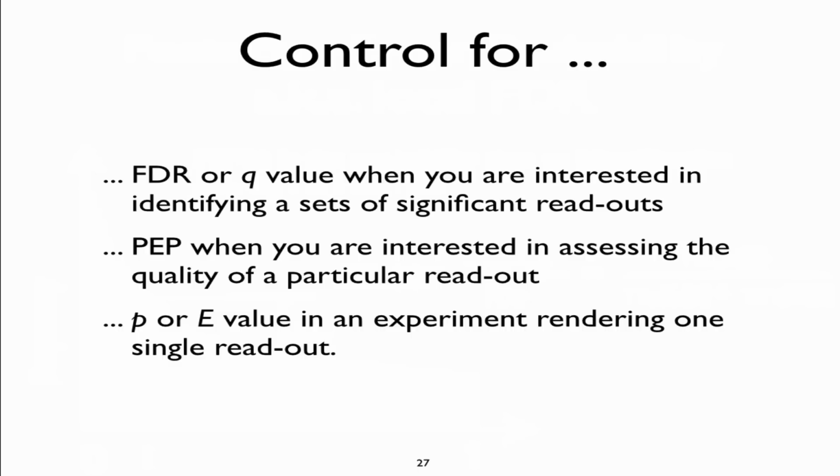And a p or e value of an experiment should be solely reserved for experiments where we render one single readout. This is very seldom the case for high-throughput biology, so I would advise you to never report p or e values for any high-throughput experiment.